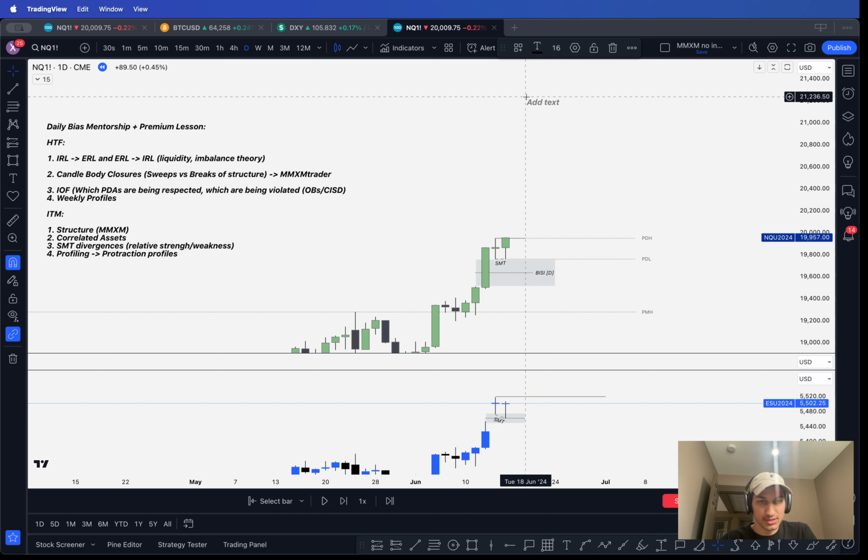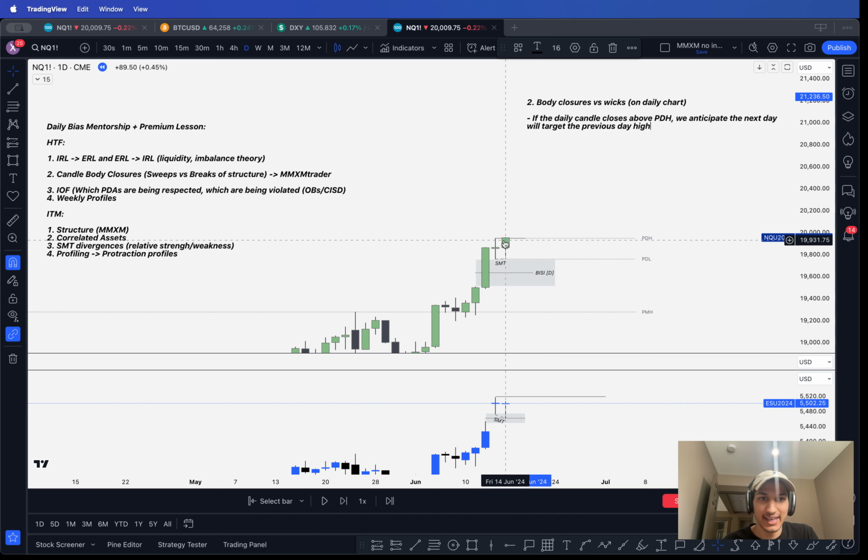Our argument becomes, this is for topic 2. I don't know why I got rid of my text box. If the daily candle closes above the previous day high, we anticipate the next day will target the previous day high.